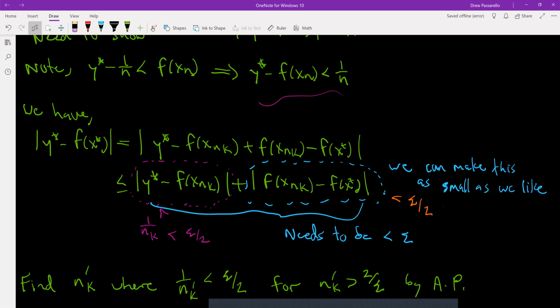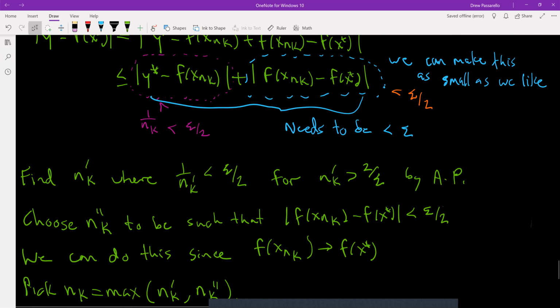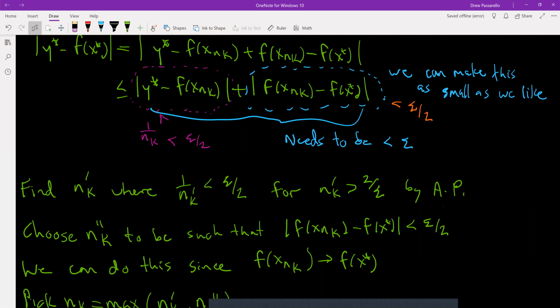And then we want 1 over nk to be less than epsilon over 2, so we add the two together to get epsilon. So that's why I said find nk prime, where 1 over nk prime is less than epsilon over 2, where nk prime itself is greater than 2 over epsilon, guaranteed by the Archimedean principle.